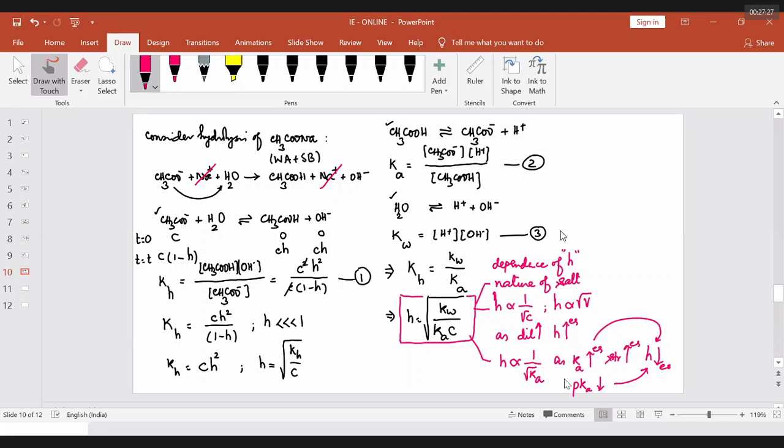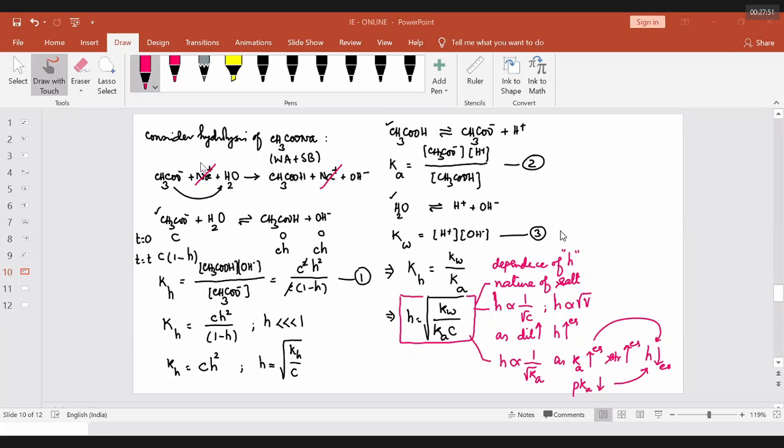Next, when we are talking about degree of hydrolysis dependence, our question is how to find out pH. By the way, we are getting so many 4 marks questions, but our ultimate question is what is the value of pH. Naturally, when you want to find the value of pH, you have to search where is the H plus ion. Is it available?